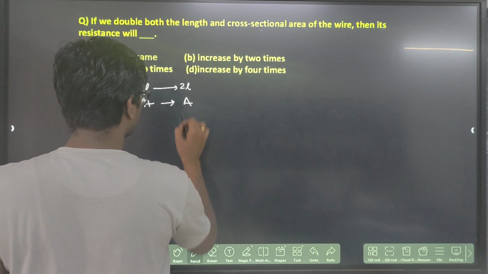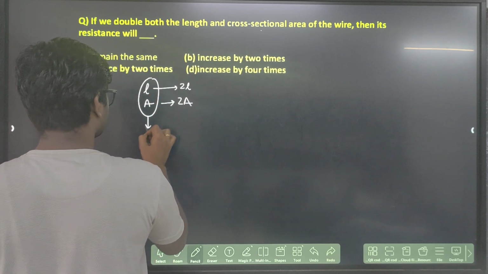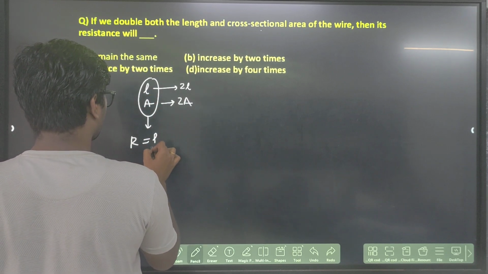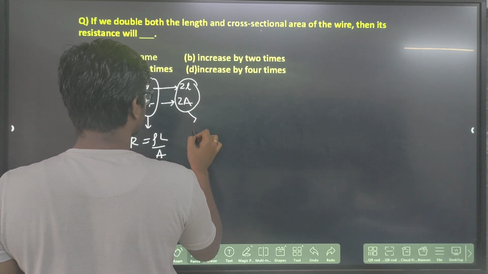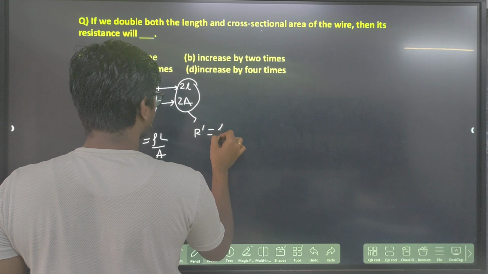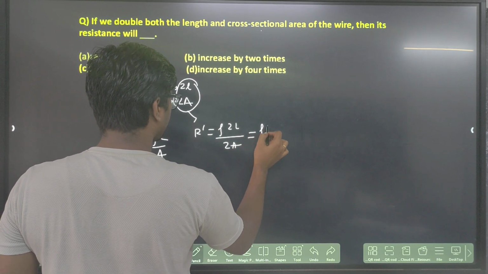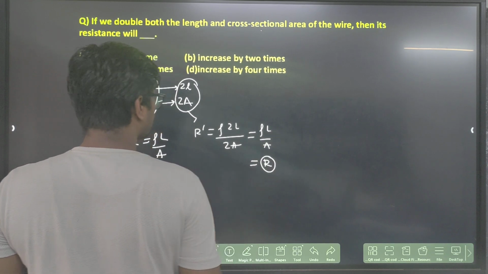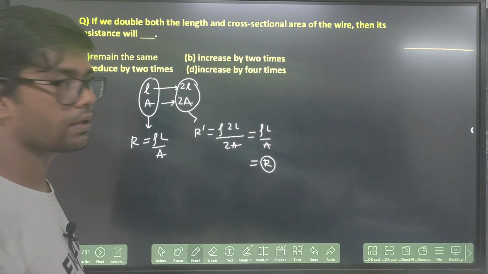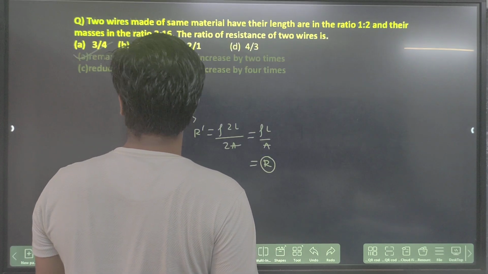For the original case, the resistance is rho L by A. For this case, R dash is equal to rho 2L divided by 2A, that is rho L by A. So this is equal to R. It will remain the same. Option number A is correct.